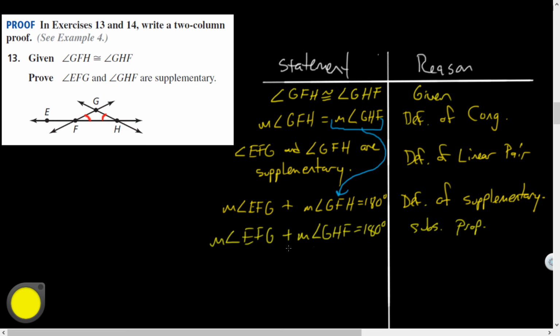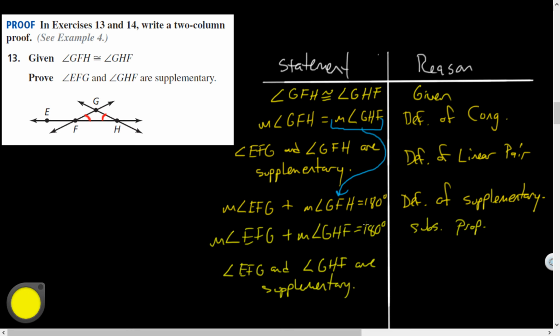And now that I've shown that these two measures, this guy and this guy, add up to 180, I believe we can conclude that angle EFG and angle GHF are supplementary.